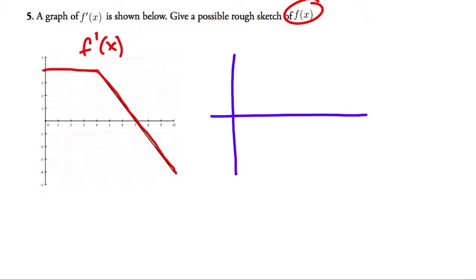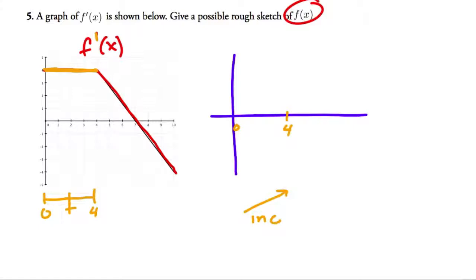So let's take it one at a time. Here, for example, because the derivative is equal to positive 4 from 0 to 4, that means your function has to be increasing, right?